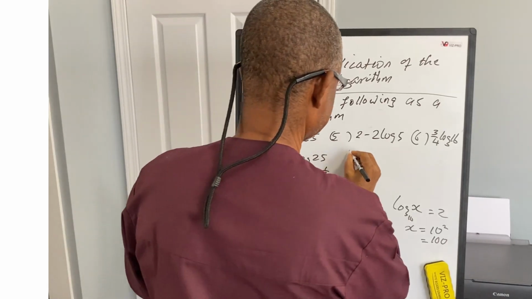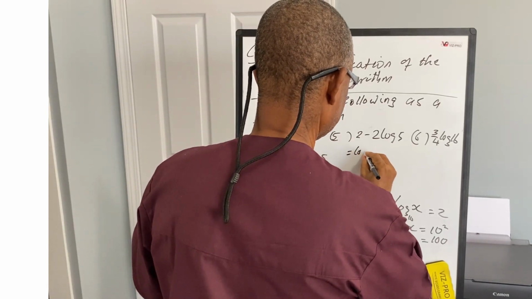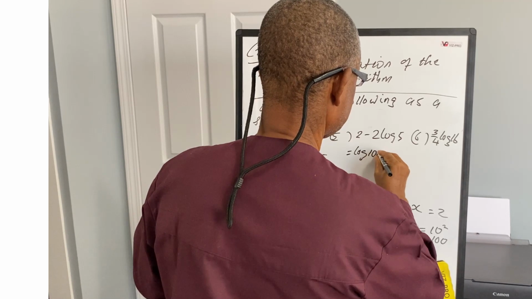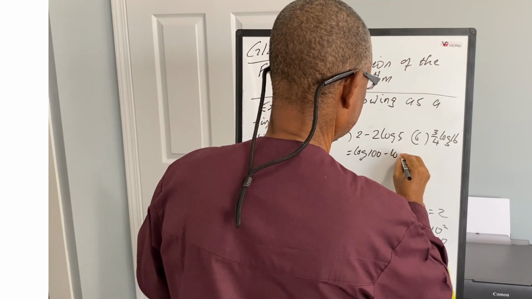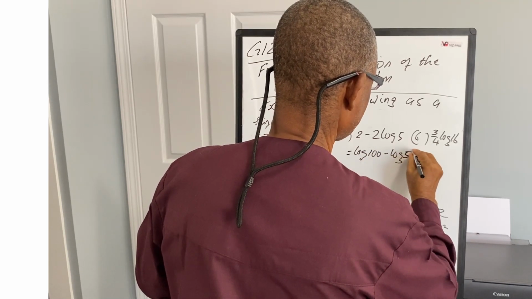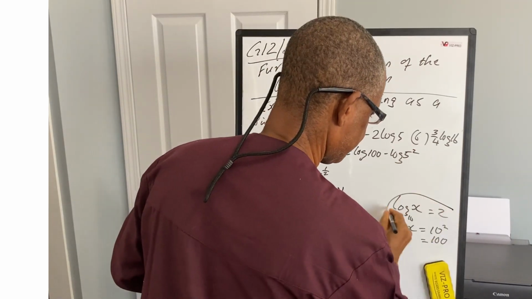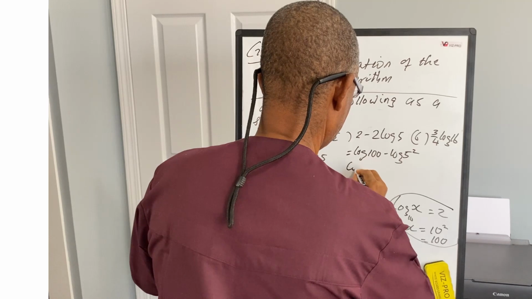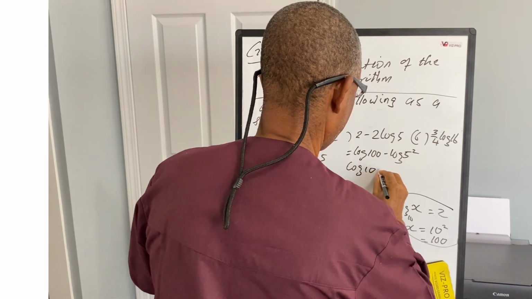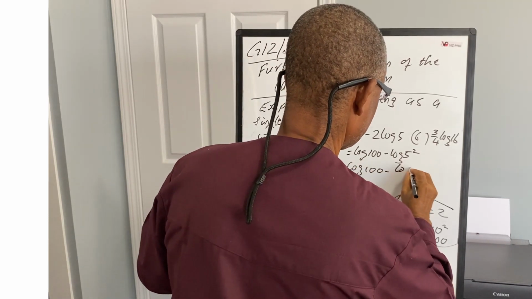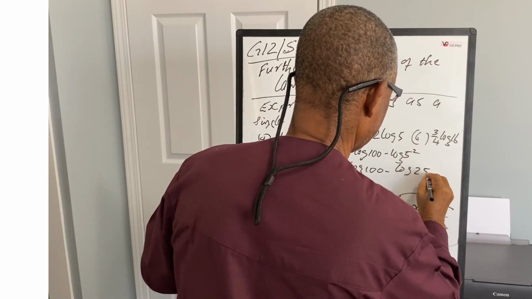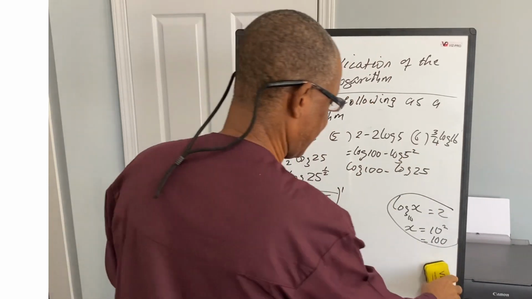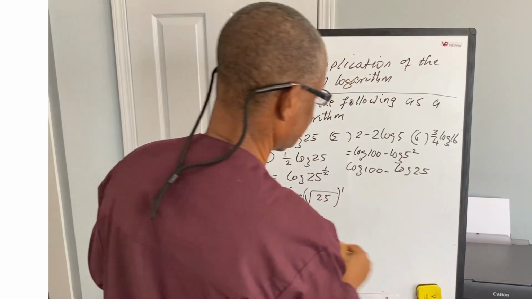So we write it by saying that this is log 100 minus log 5 raised to power 2. And that is log 100 minus log 25. Why 25? 5 raised to power 2 is 5 times 5.